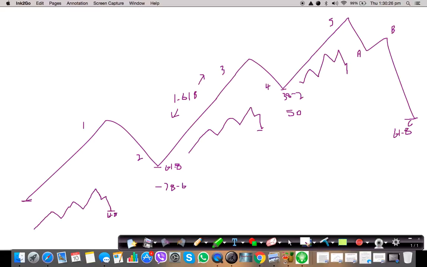Now, Elliott Wave Structure basically says that the market's going to rise and fall, most likely in 3 levels overall. And then there's going to be a bigger correction that happens. And within those 3 levels of rise, there's also going to be 2 pullbacks that tend to happen, right?